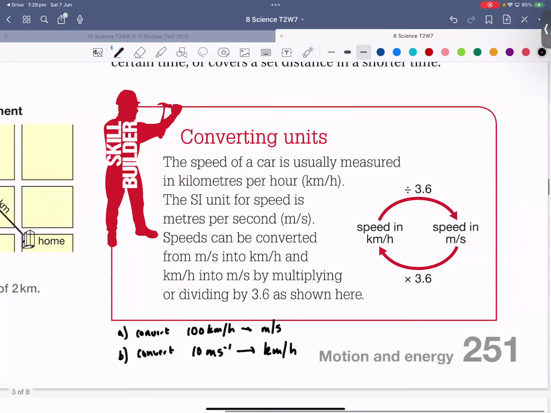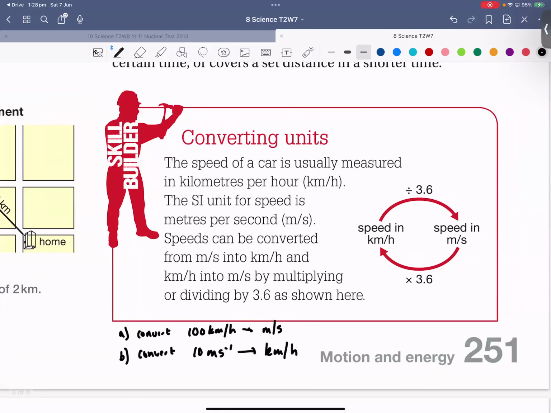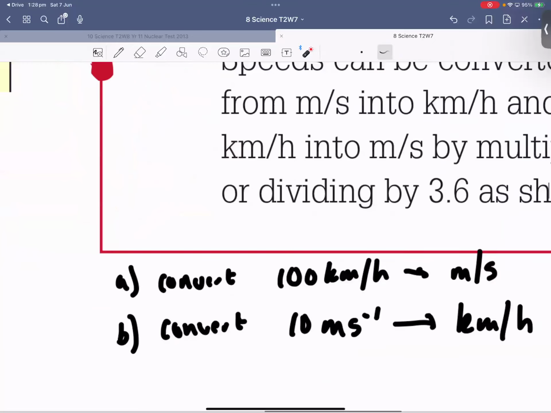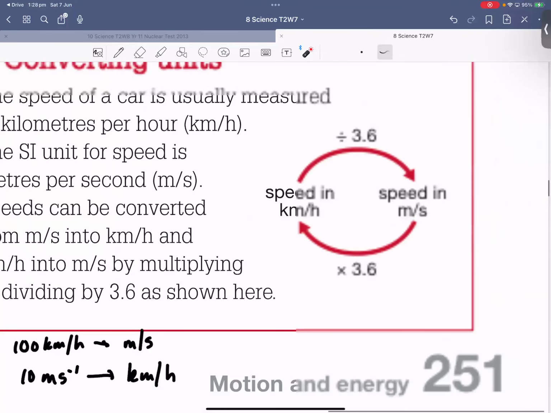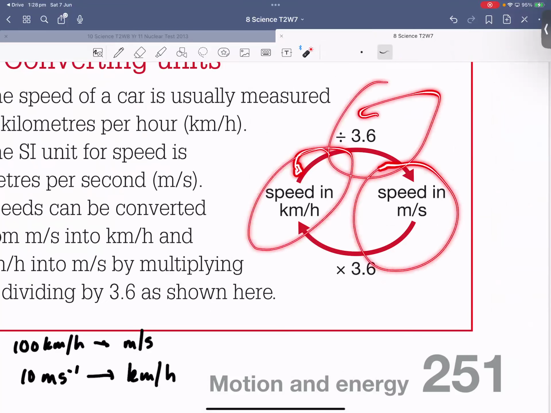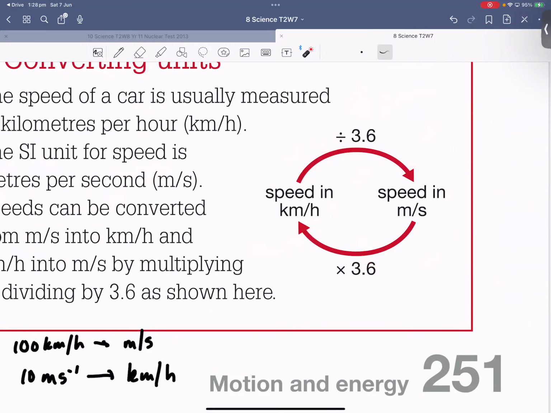Okay, guys, very important thing. Boys, turn around. For us, don't be weird. Okay, guys, for those who read it, to go from kilometers an hour to meters per second, you divide by 3.6. Let's say you forget it.